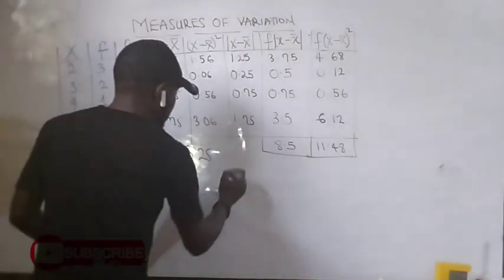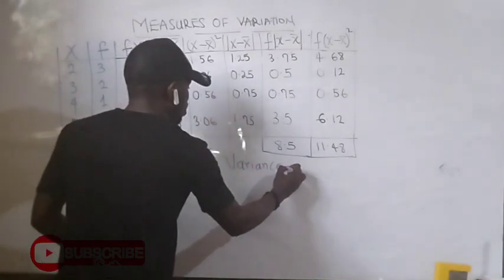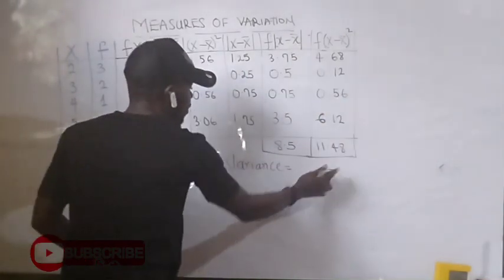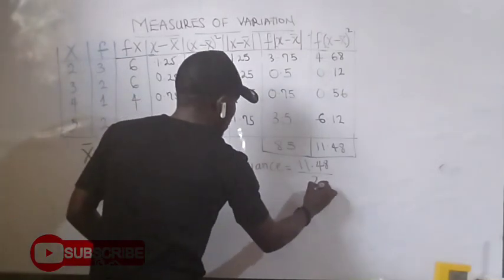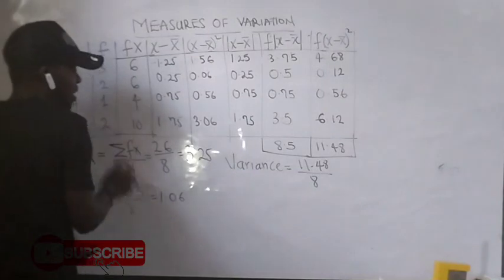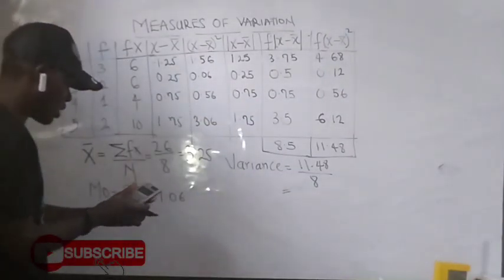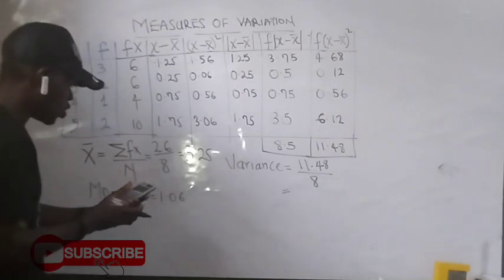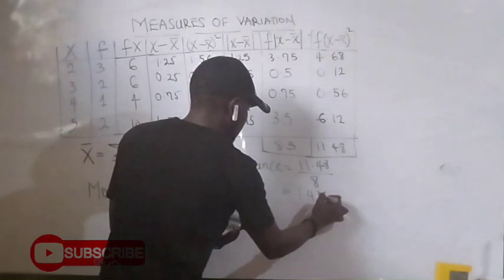But when I'm dealing with the variance, I will simply have the summation of all of these, which gives me 11.48, all over 8, my total frequency. When I do a simple division using my calculator, I get 1.435.